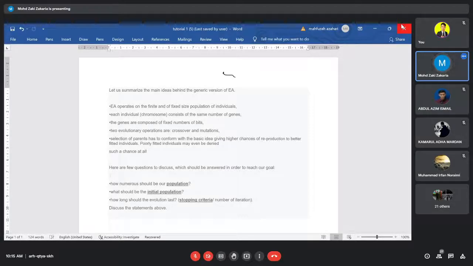How do we determine the population size? Actually, we don't have any specific criteria to determine it. The population size is usually based on experiment.